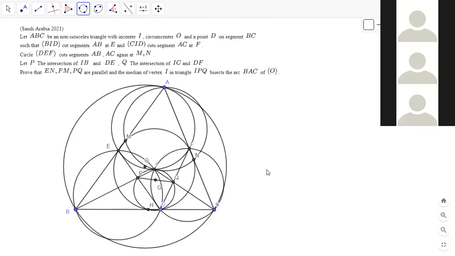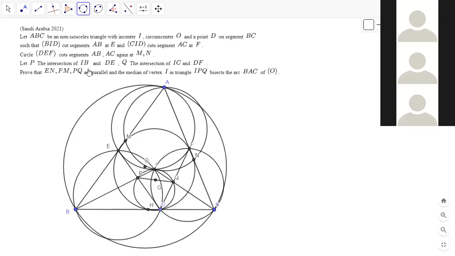No, I think by Reim's theorem we have EF is parallel. Wait, wait. I don't think it is. I don't think it's Reim's theorem. I think I made a mistake, because by Reim's theorem it must be a different line, not that line. Yeah, I'm mistaken.